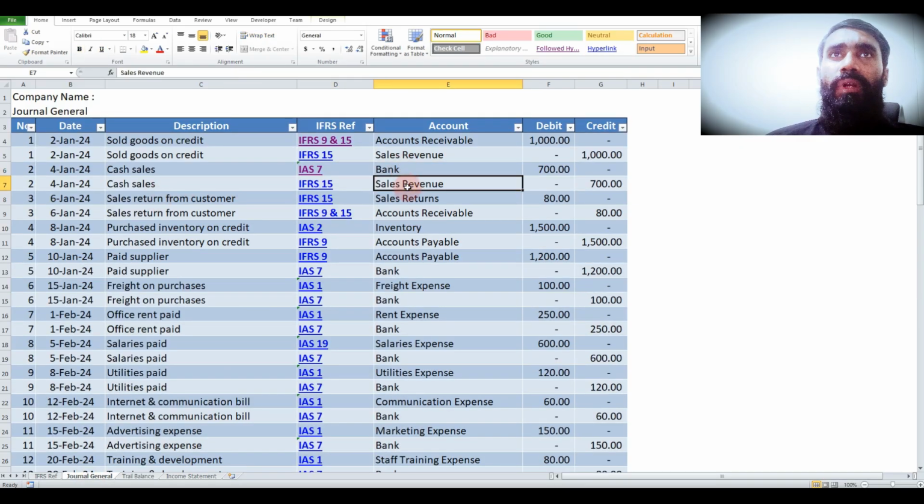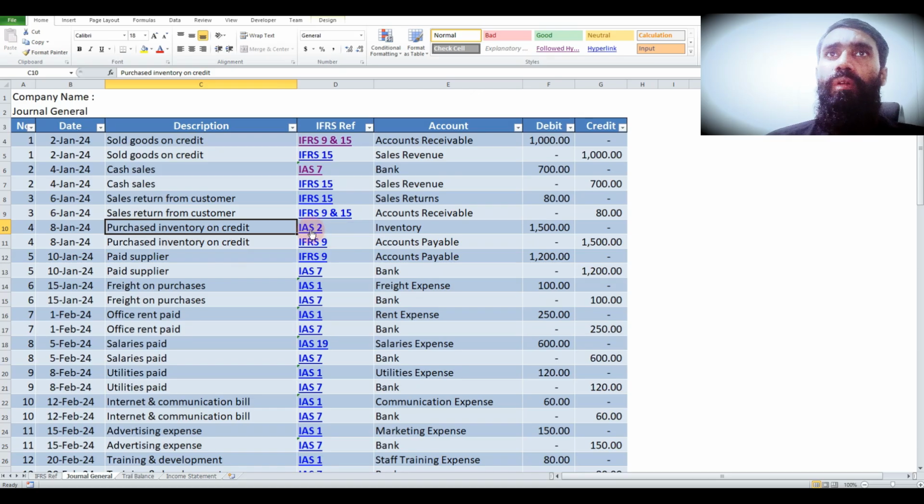Now the bank debit, sales revenue, credit. Sales return from customer under IFRS 15 we have discussed before. Sales return debit, account receivable credit. Account receivable, here you can add the particular person name, which one the customer you had.